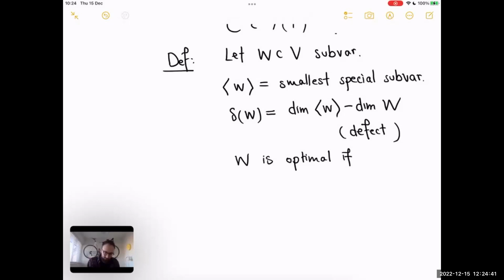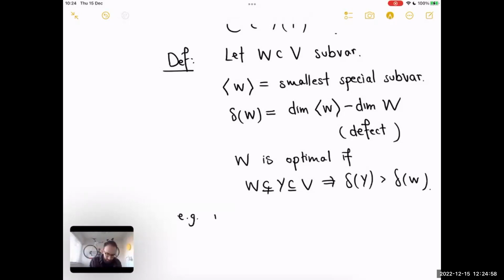So another way to say that is if W is strictly contained in a Y in V, then that Y has a larger defect than the W. So for example, maximal special subvarieties of V are optimal. Those are the most important ones, I think.